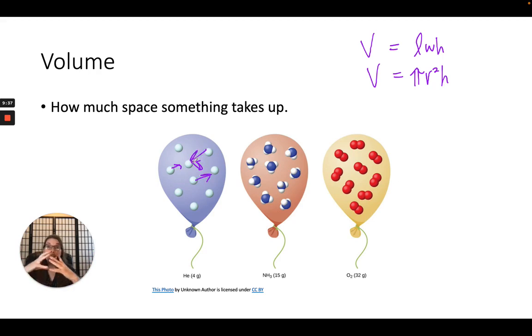Therefore, it's going to hit the sides of the container faster and faster. And in the case of a balloon where it's expandable, to accommodate that, the volume is going to increase to try to outdo some of the pressure. So you can see that pressure, temperature, and volume are all interrelated and interconnected.